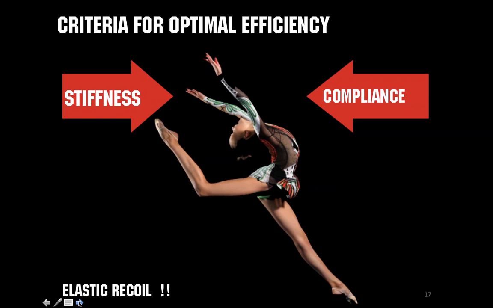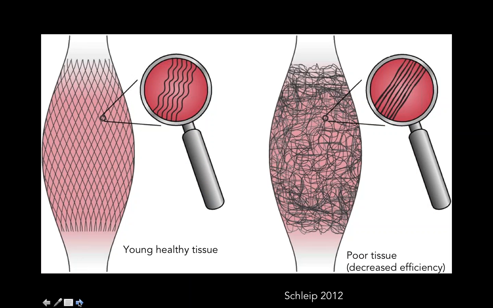So we call it elastic recoil, or stiffness or compliance, to get optimal efficiency out of the body. When joints are not optimally aligned, you don't have good joint centration, good length-tension relationships between tissue, and we know the feedback loop isn't going to be as optimal as far as its output. So it's up to us to try to change that. And do we change that mechanically or do we change that neurosensory? We feel it's both.